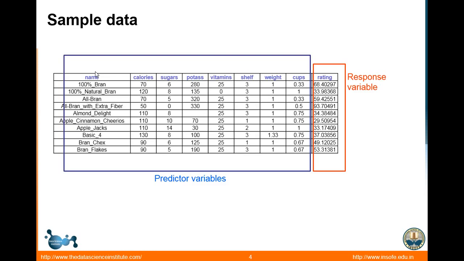So let us take a look at an example. In this case, the box that is highlighted in blue, those are the variables that are called as independent variables or predictor variables or explanatory variables. Whereas the rectangular area which is highlighted in red, is called as response variable or target attribute.